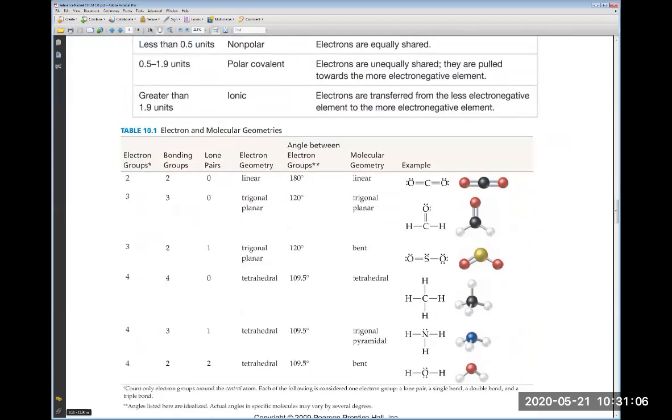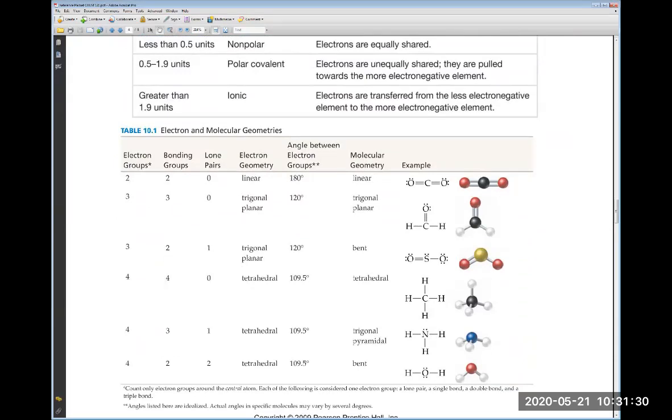You would be looking at the last line, and the example is water. So 2 bonding groups, 2 lone pairs around oxygen, and so it's a tetrahedral electron geometry, and then a bent molecular geometry. So water is bent, and you have the model showing how it's bent.